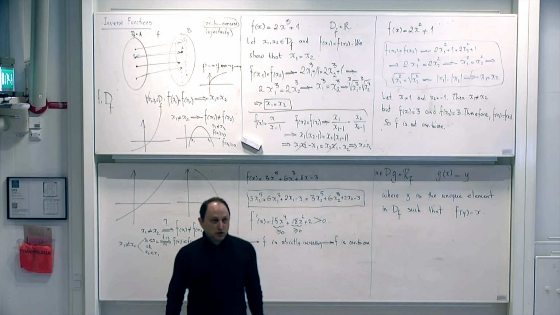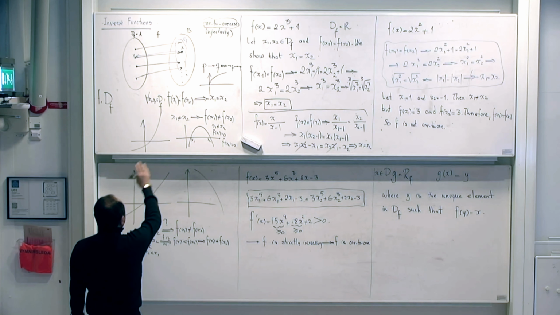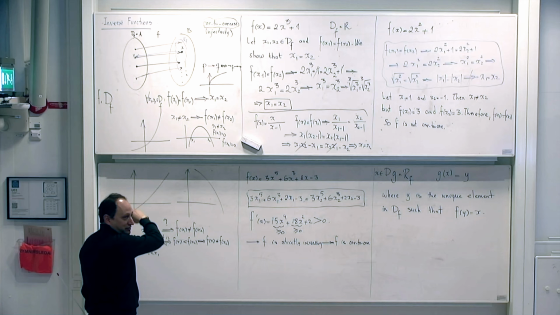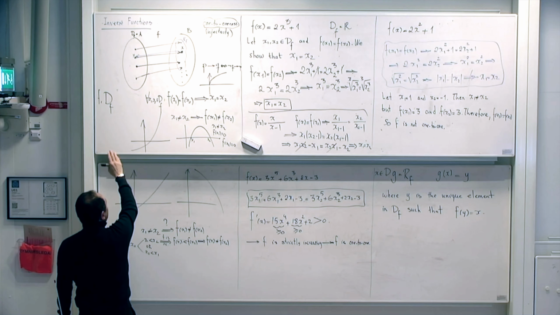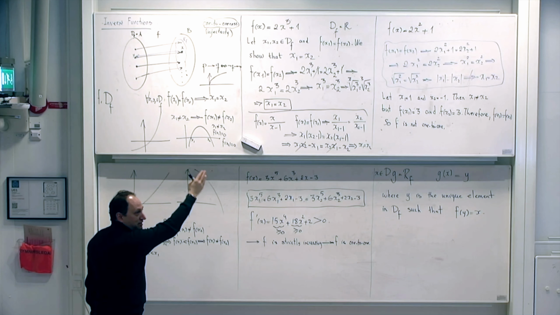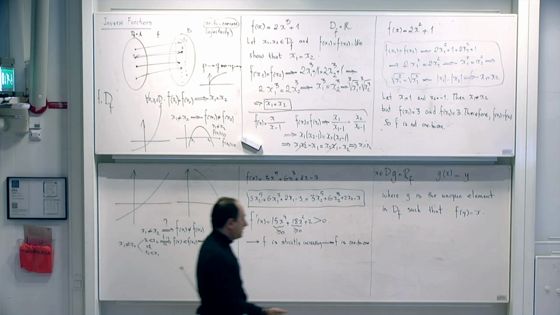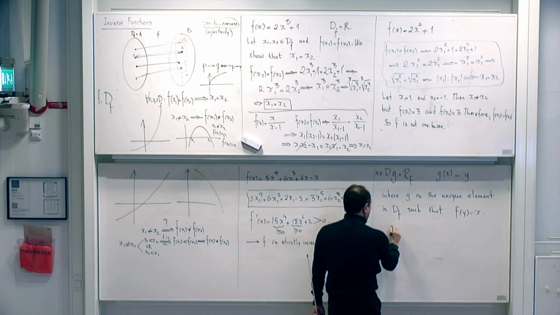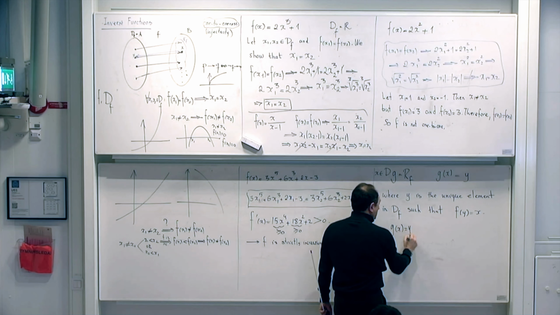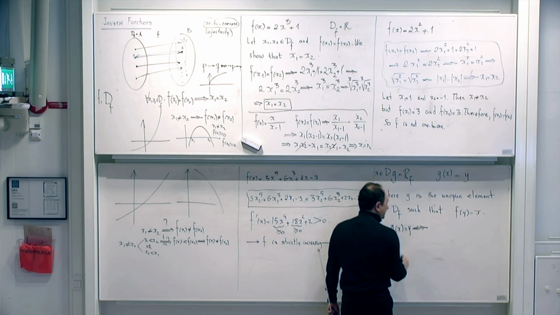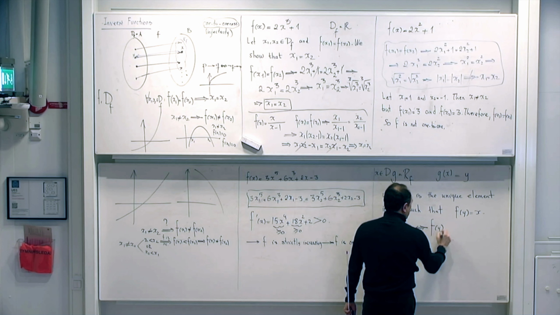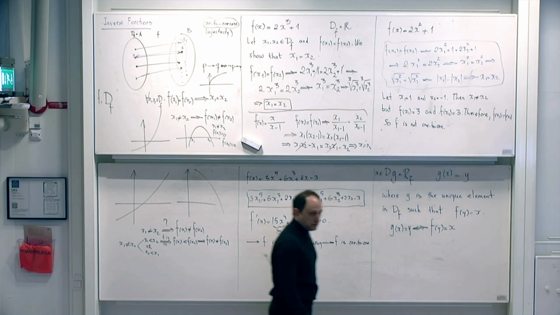So whatever f does, g undoes. f takes me from y to x, g takes x back to y. That's the meaning of inverse function. Is that clear? So it means that g of x is equal to y if and only if f of y is equal to x.